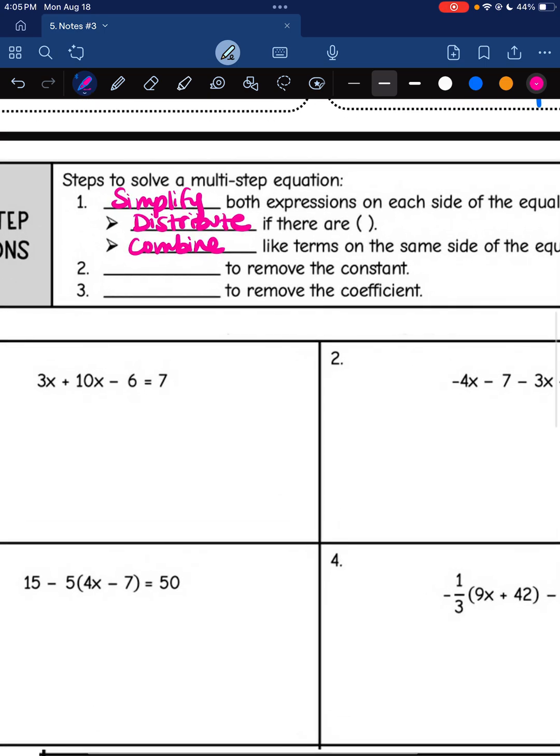After you do that, we're going to do what we did today with the first few problems, which is to add or subtract your coefficient to get rid of it. And then after that, multiply or divide. Most of the time you'll divide to remove the coefficient, but every now and then you'll multiply.